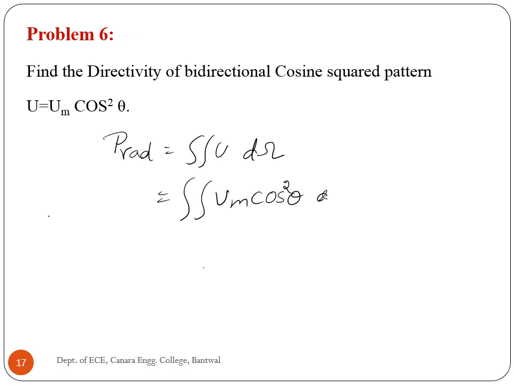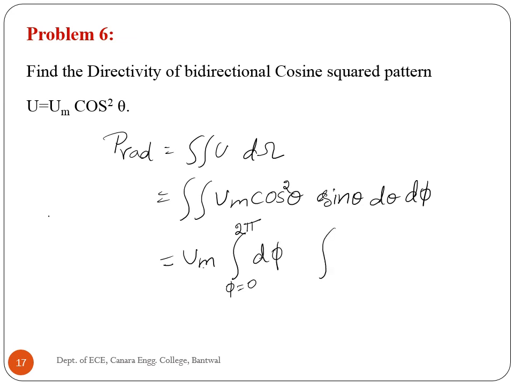D omega is sin theta d theta d phi. Phi equal to 0 to 2 pi d phi, and for bidirectional cosine pattern, theta is equal to 0 to pi.